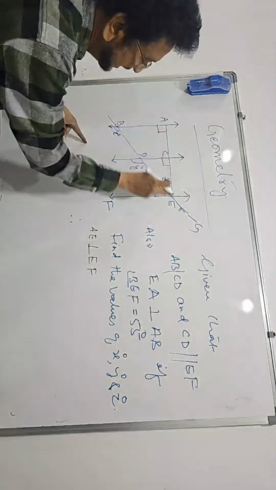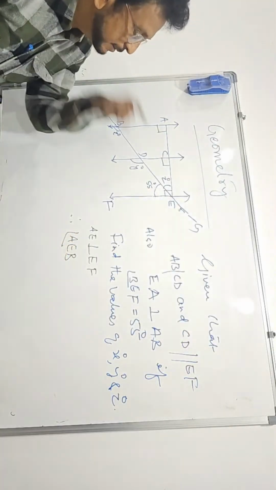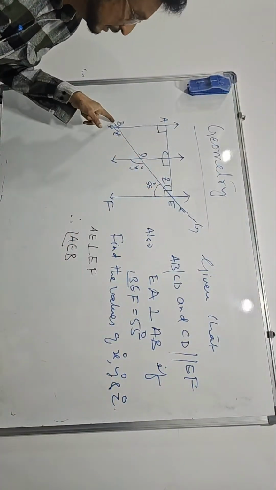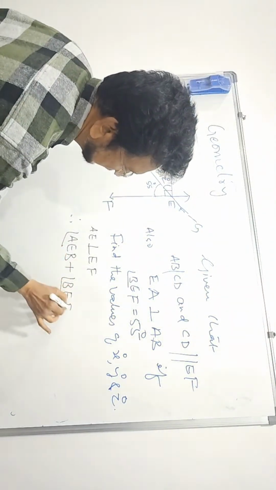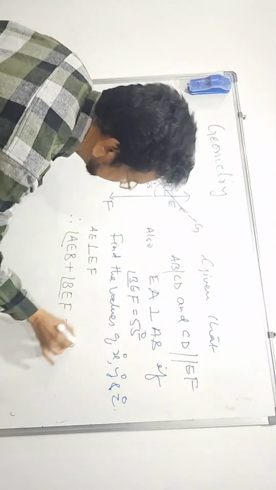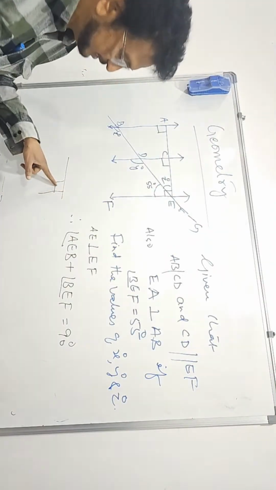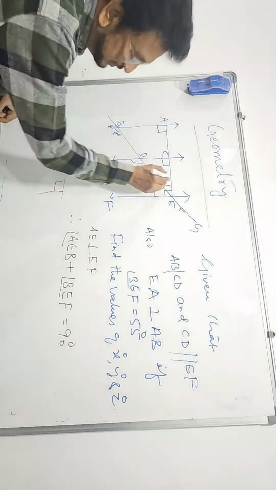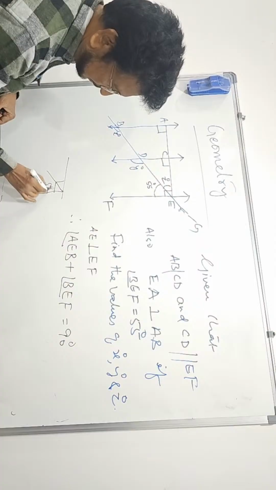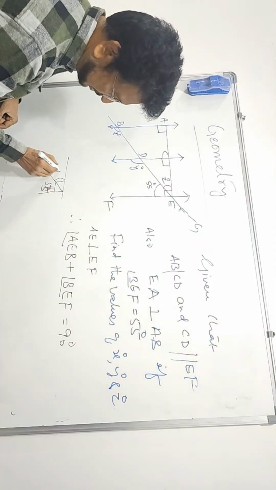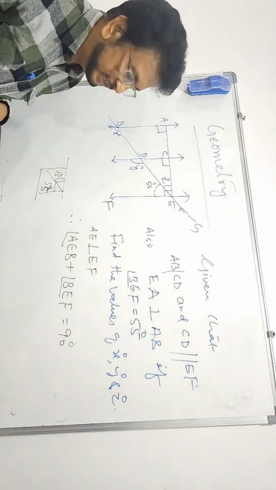Therefore, angle AEB plus angle BEF, these two angles, their sum is how much? 90 degree, because this line is perpendicular on this. And remaining angle must be how much? 35. So that if you add them together, the sum must be 90 degree.